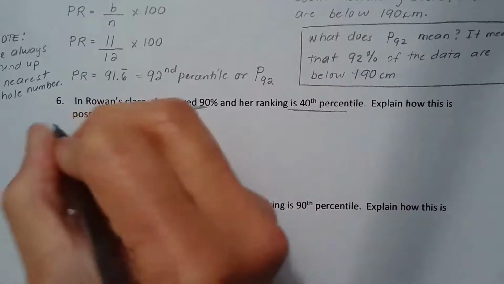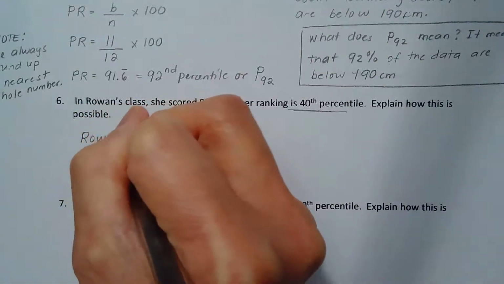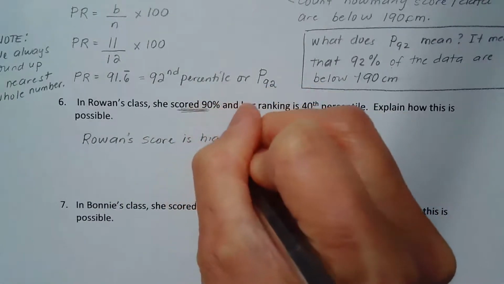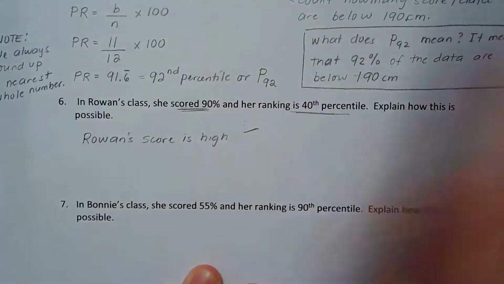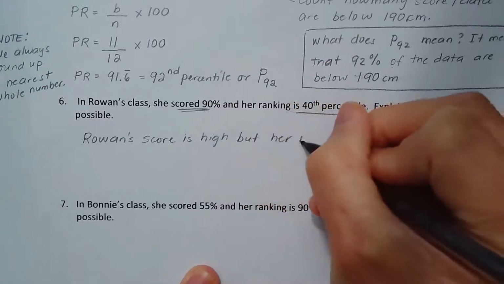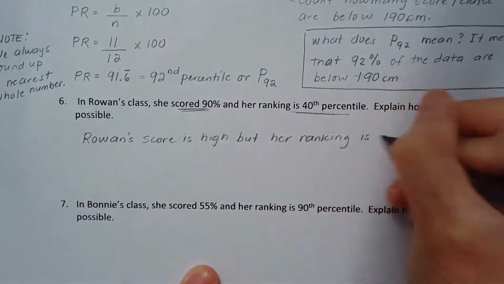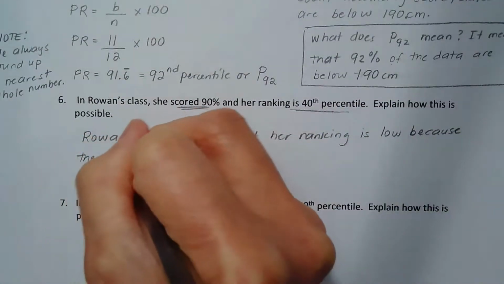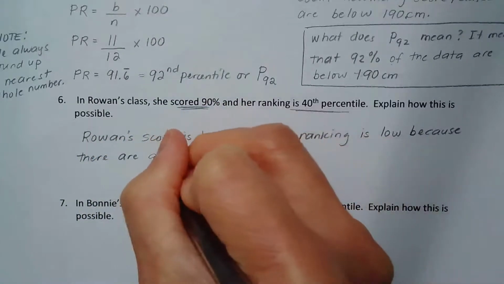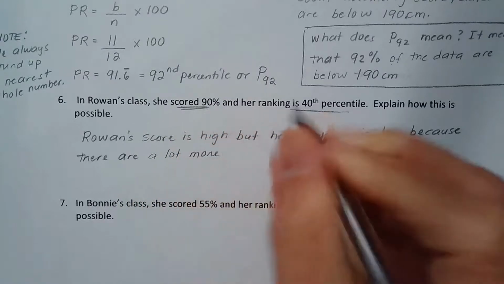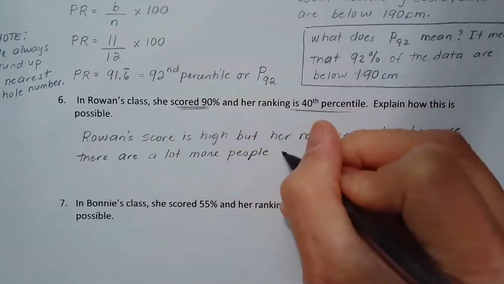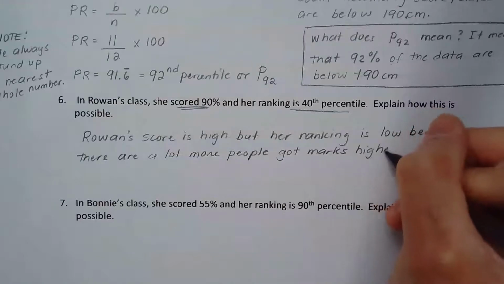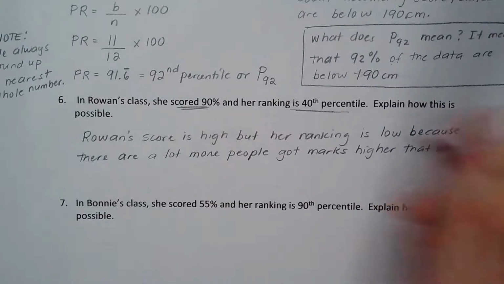So Rowan's score is high, but her ranking is low because there are a lot more people who got marks higher than what she got.